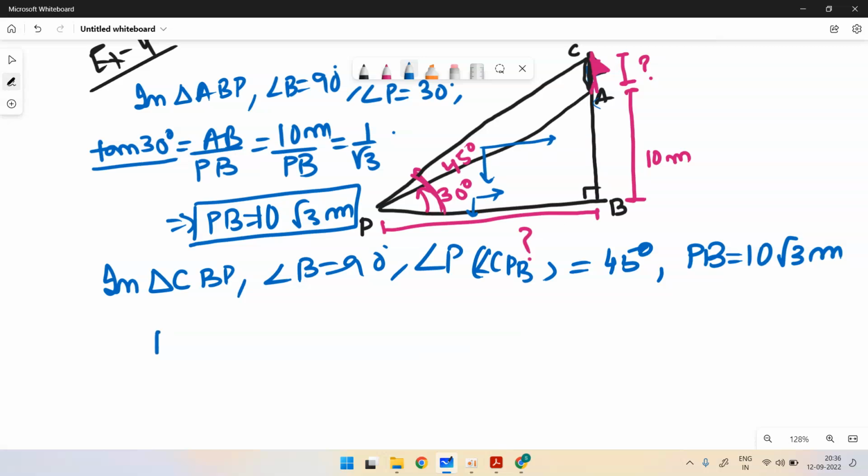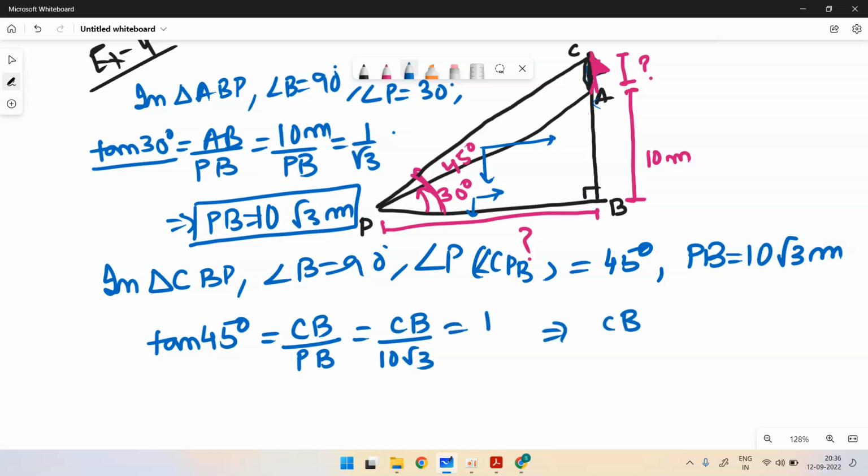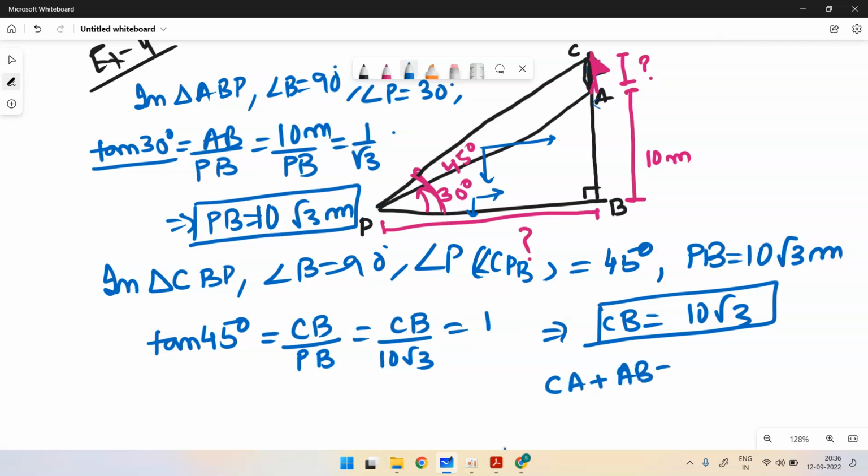So tan 45 degrees is CB by PB. CB you don't know, PB is 10 root 3, and you know that tan 45 is 1. It implies that CB is 10 root 3. Now CB is CA plus AB, which is 10 root 3, and AB is given to be 10. CA you don't know; this is the height of the flag staff.